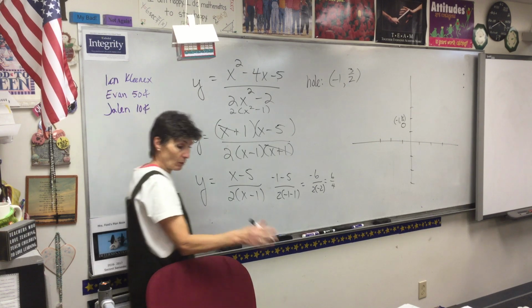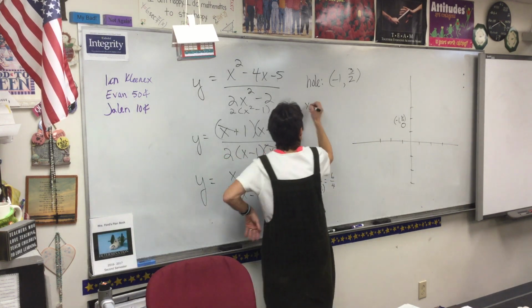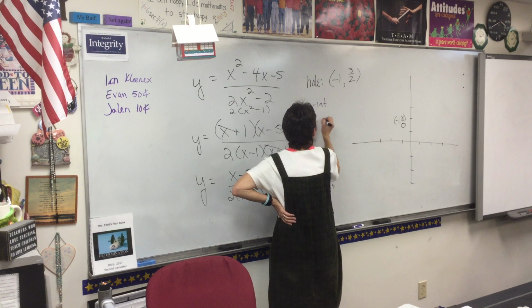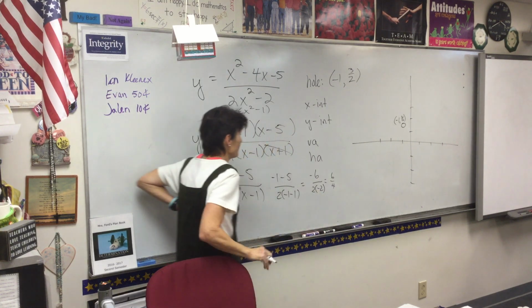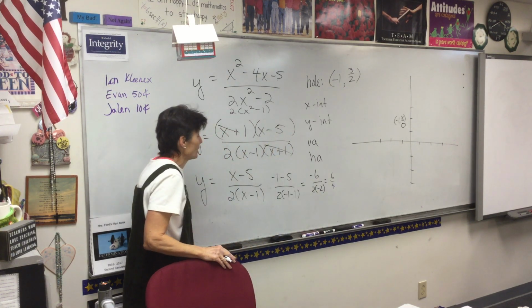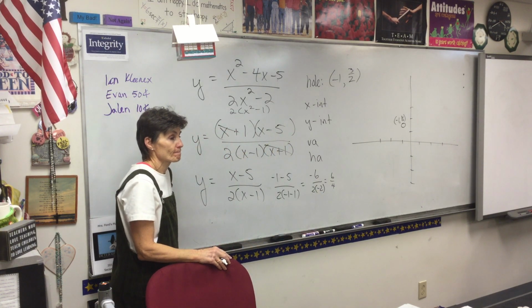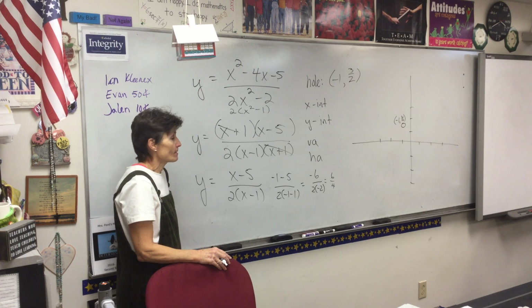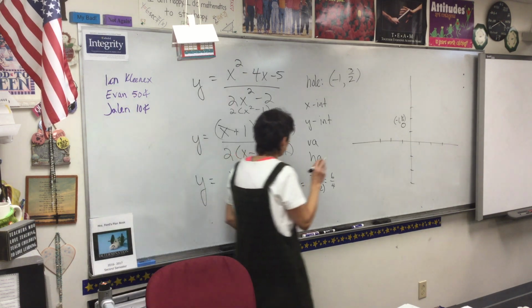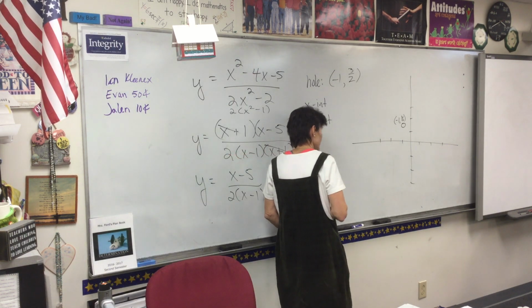All right, now you've got a whole list of stuff you still need. We need the intercepts and the asymptotes. I have these out of order, so make sure you get them in the right order on your paper here. So tell me what else we have. Y-intercept is 1/2. Now, horizontal asymptote. Okay, which one is it?